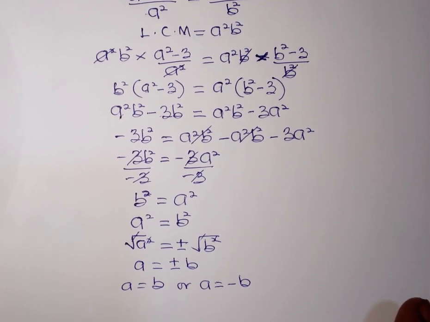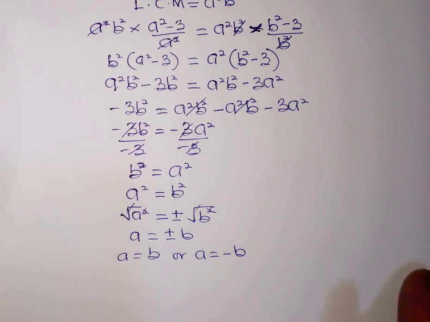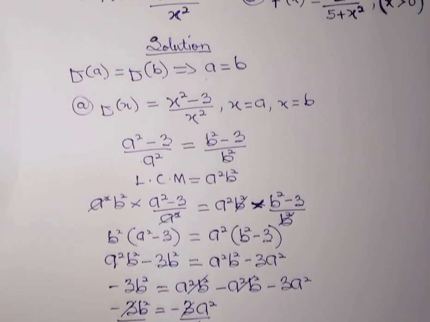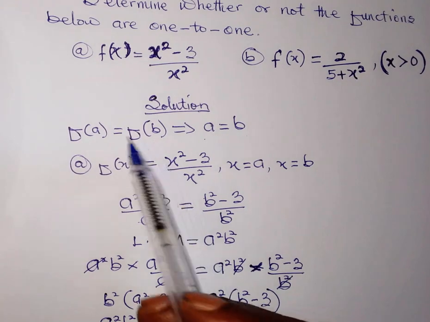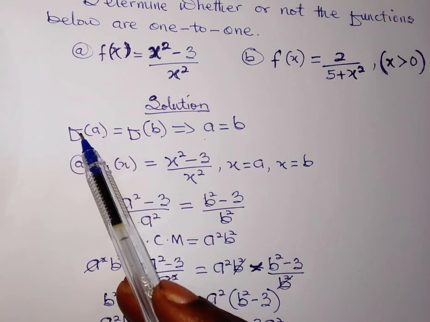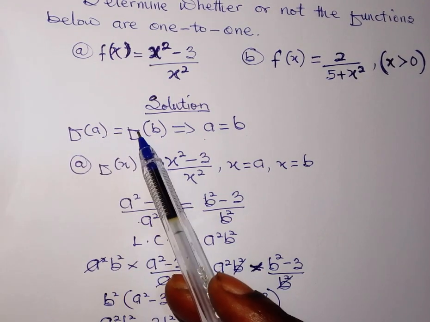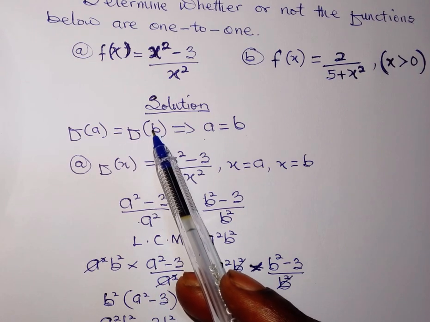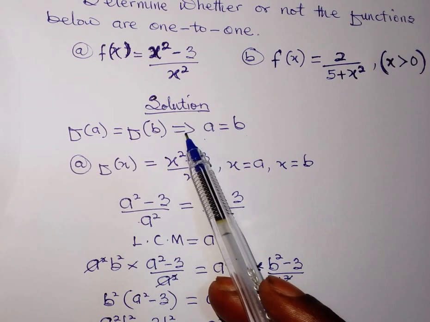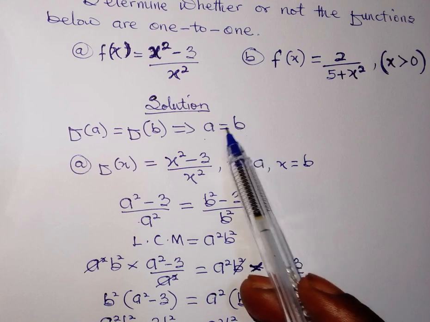Now we have two solutions or two roots for a. These are what we have. Based on this solution, can you say that it is 1 to 1? Let's go back to the definition of 1 to 1. We are saying that for a function to be 1 to 1, f at a should be f at b, which implies that a should be b.